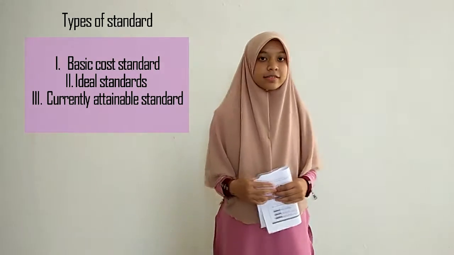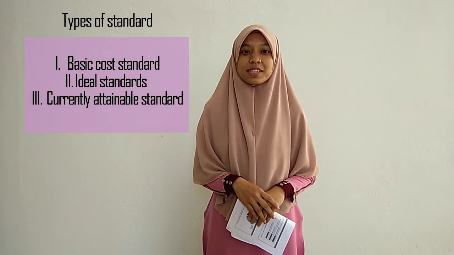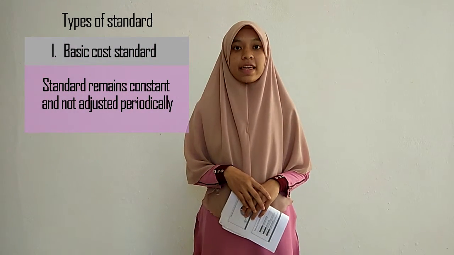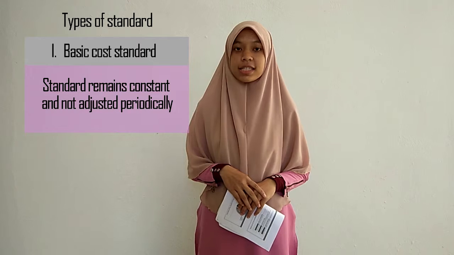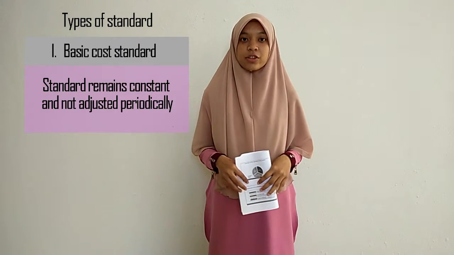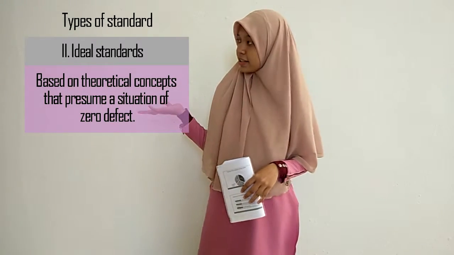The next question is, briefly explain three types of standards. So the first type is basic cost standard. Basic cost standard is a standard that remains constant and is not adjusted repeatedly. The second type is ideal standards.